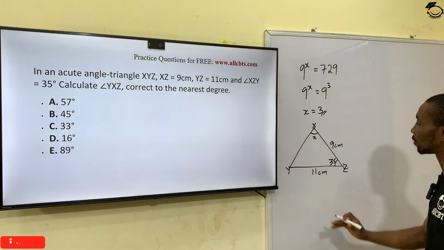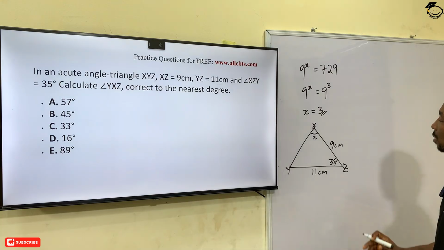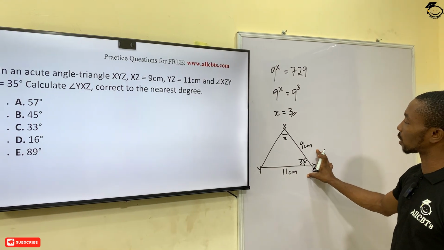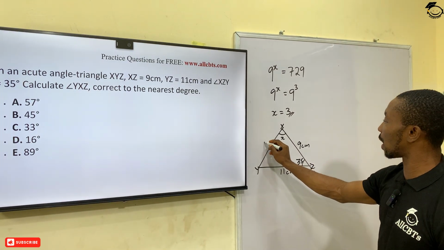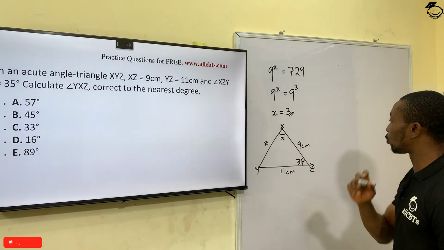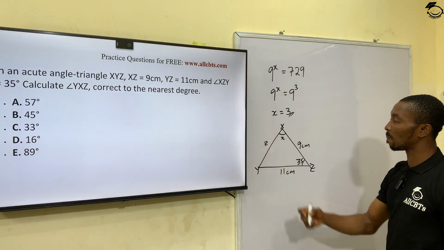Now, in order to solve this, we are going to apply several laws. We will apply the cosine law to find our side z, and we apply our sine law to find our angle.